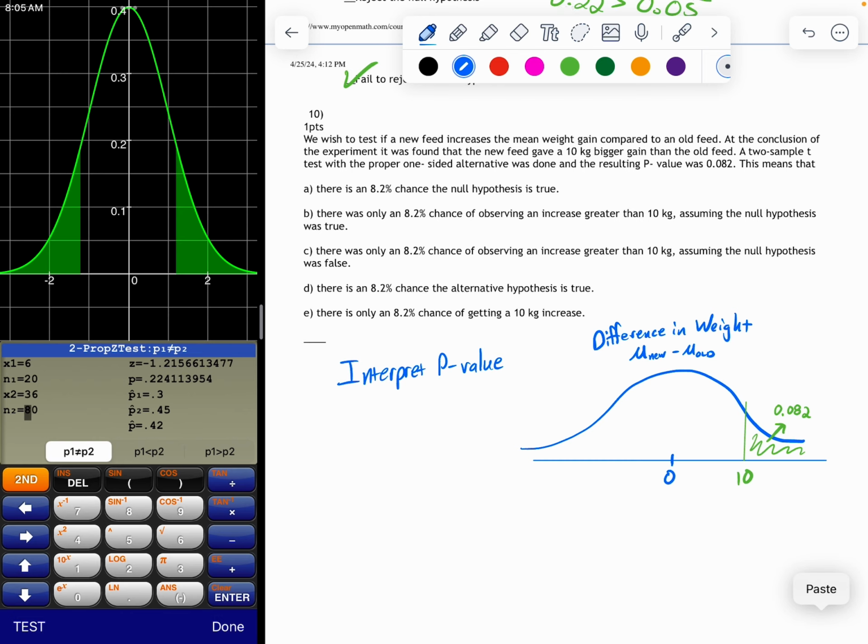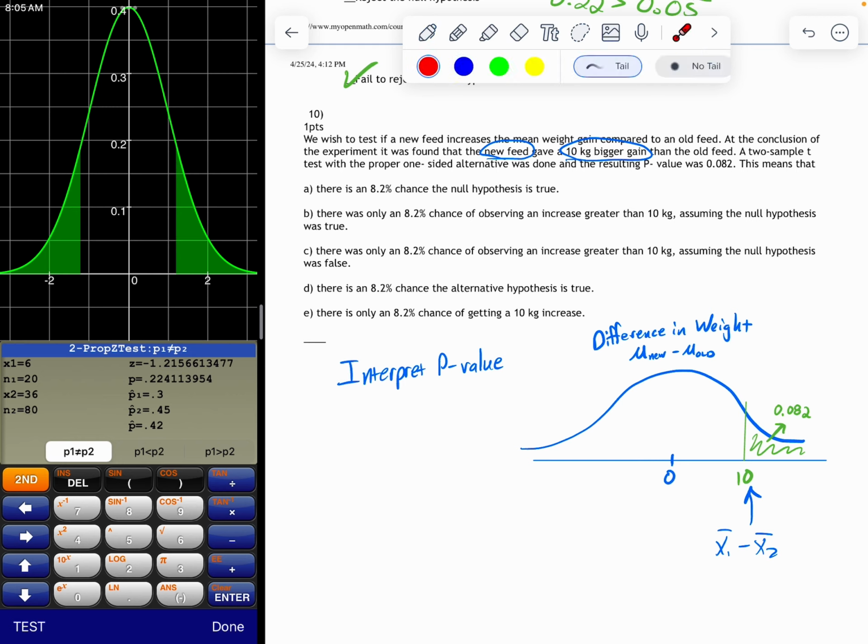And it says here that they found the new feed gave a 10 kilogram gain. So that would be here. This is essentially the sample result. This is x1 minus x2, if you want to think of it that way. It's the new minus the old.